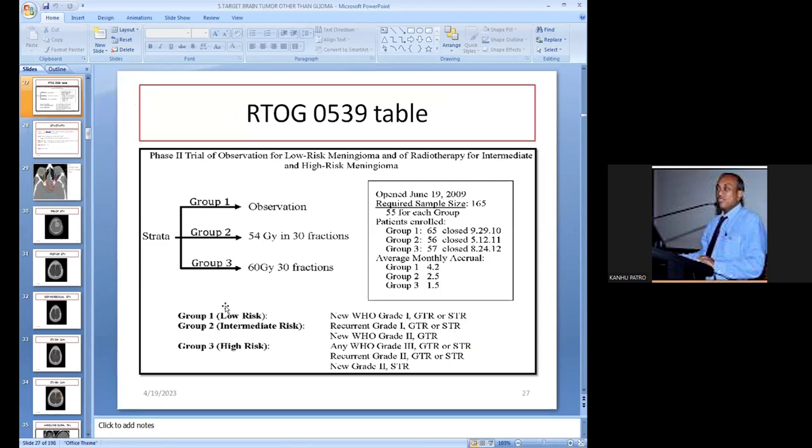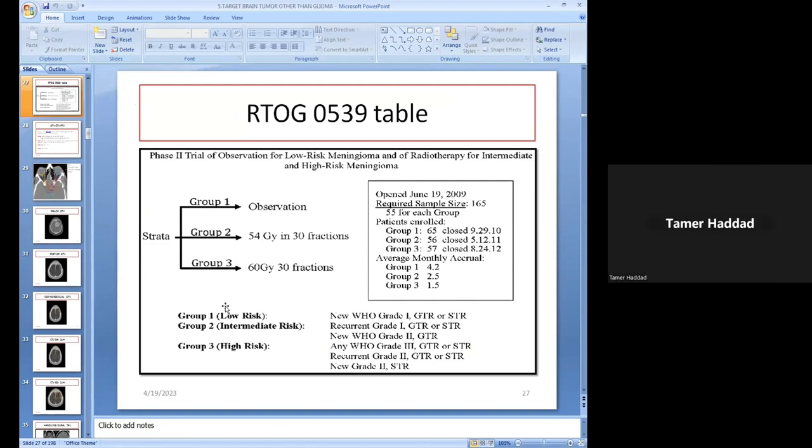But if there is a gross subtotal resection nearby the optic chiasm, nearby vital structures, better to treat. If there are other sites with no vital structures nearby, you can observe, even in grade 1 GTR or STR.